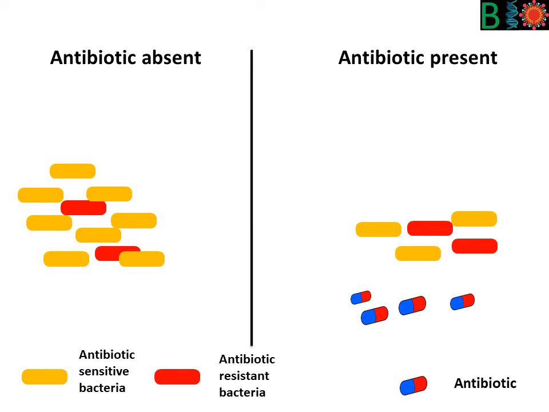However, in the presence of antibiotics, antibiotic resistant bacteria have an advantage over the antibiotic sensitive ones. Slowly, the other bacteria present in the population acquire this mutation, gaining the advantage. The use of antibiotics drives the selection of antibiotic resistant bacteria.